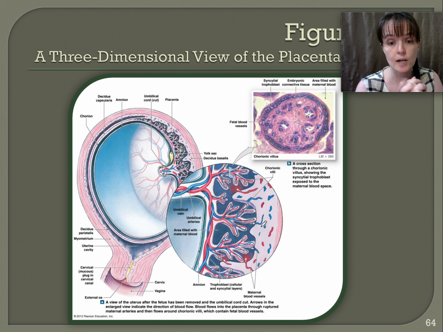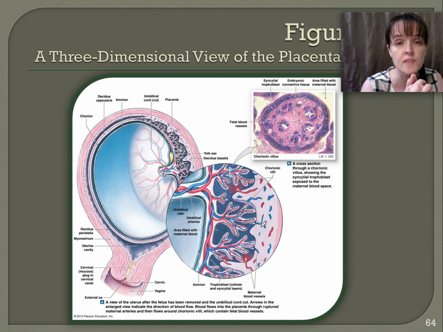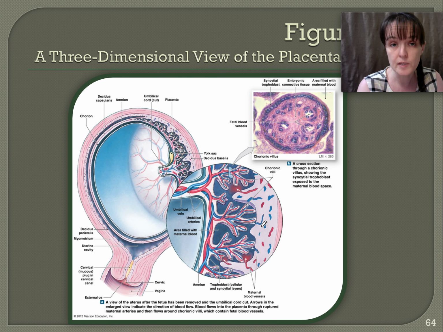You got your oxygen from your belly button. I'm pointing at my belly button. This camera doesn't show low enough. Because that's where the umbilical cord is. It goes in your belly button. That's what the belly button is, the umbilicus. And so you got your oxygen from the placenta.